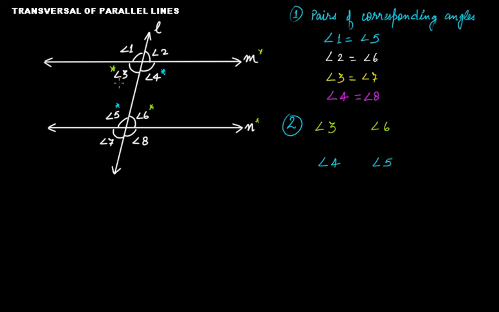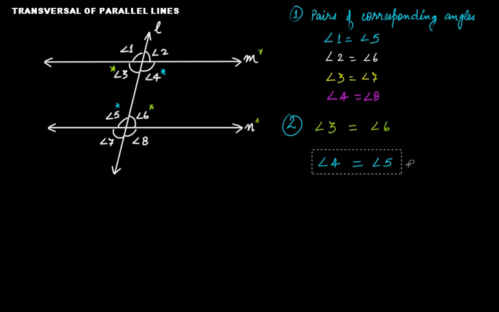This is one pair of alternate interior angles, they will be equal. This is another pair of alternate angles and this will also be equal. So the point is that pairs of alternate interior angles in the case of transversal of parallel lines will be equal. Now we have to prove this.